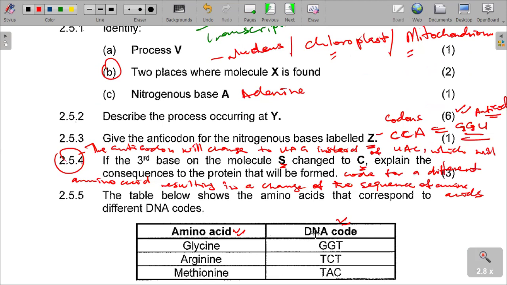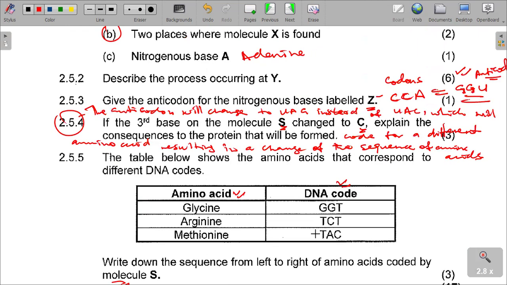So you are looking at glycine, arginine, and methionine. Looking at the order of these, you are going to match them to our S molecule, or most S structure there.